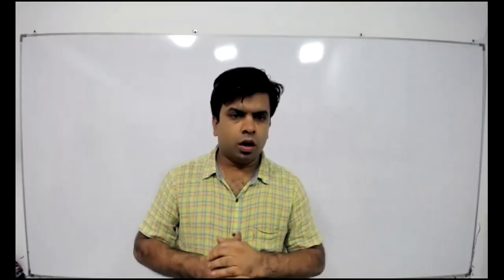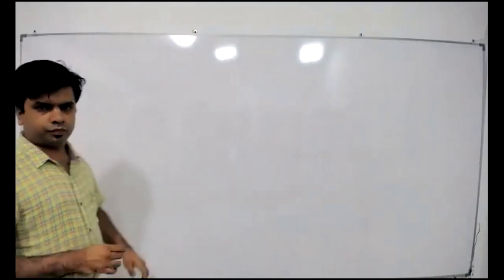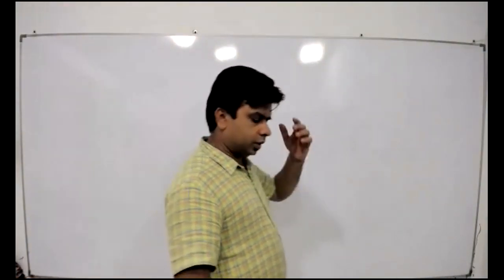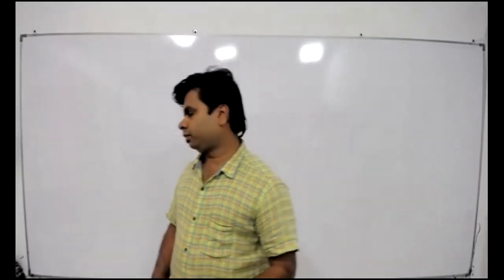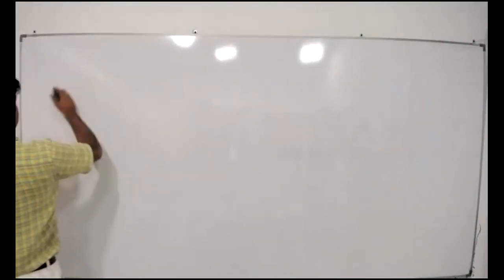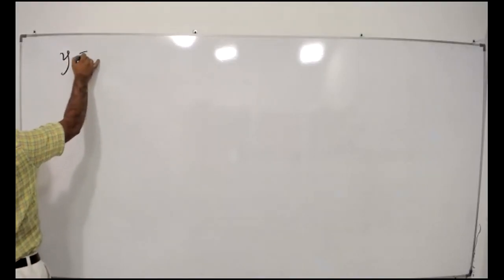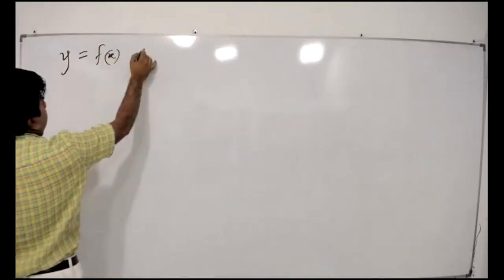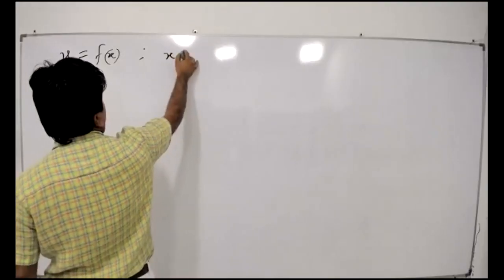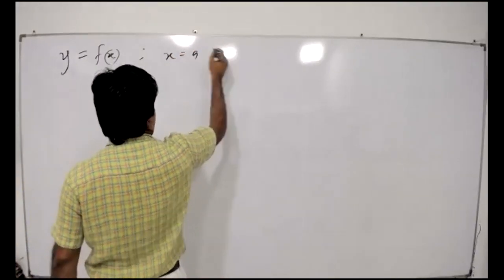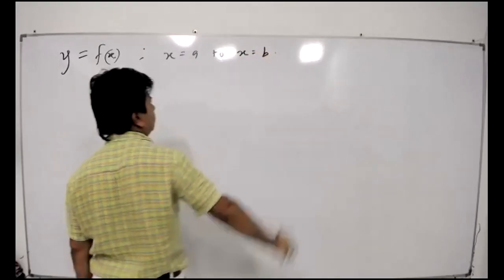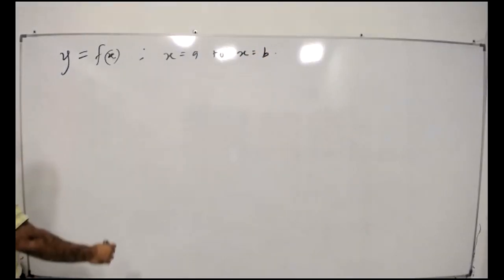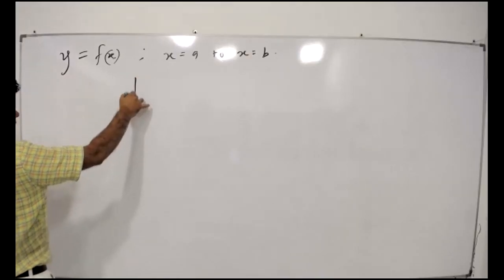Okay, now consider a function y equals f(x) for x from a to x equals b as follows.